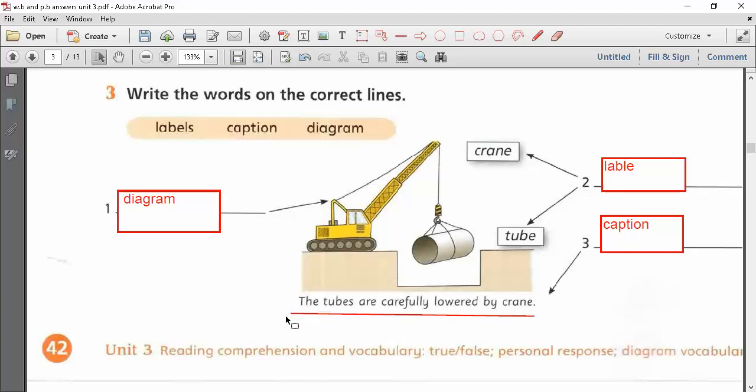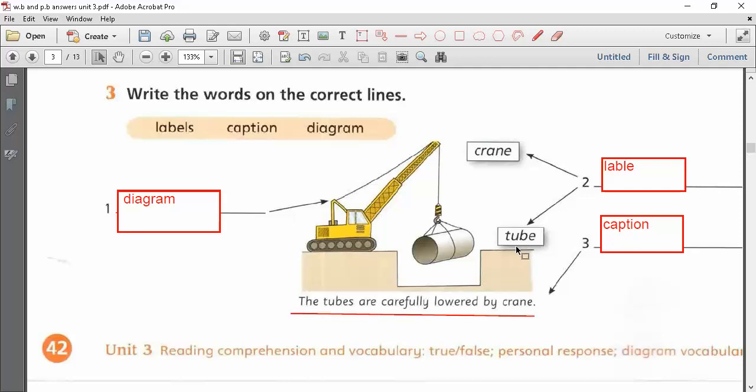Let's go to this drawing, this diagram on page 42. This is a diagram here. These are labels. These are labels 1 and 2. Labels are such as flashcards.